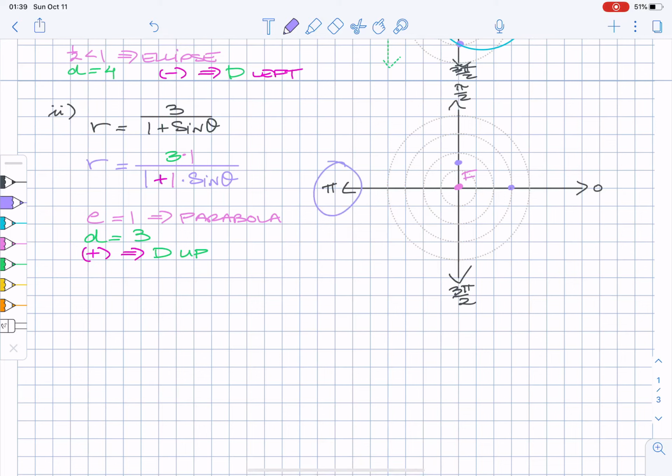If I plug in pi, sine of pi is 0, so my radius will be 1, 2, 3 in the direction of pi. Now, what happens when I plug in 3 pi over 2? Sine of 3 pi over 2 is -1. That's infinite. I can't plug it in.